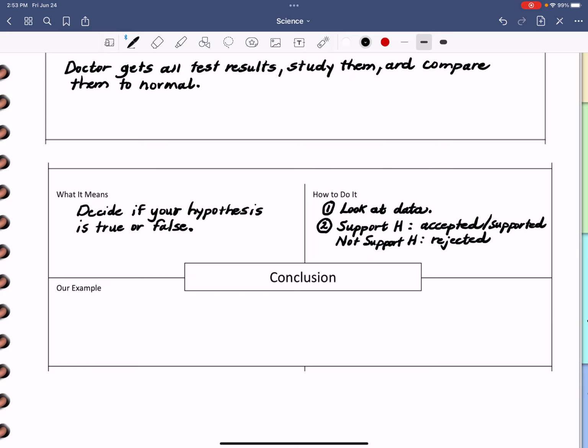So in Sam's situation, let's say that the ultrasound showed limited blood flow. Let's say that Sam did not pass the stress test, meaning his heart could not hold up to stress.